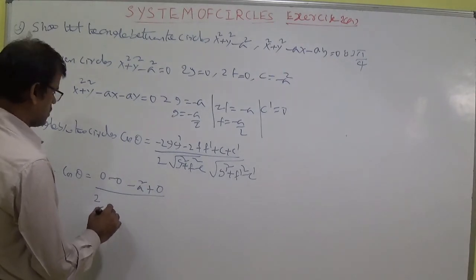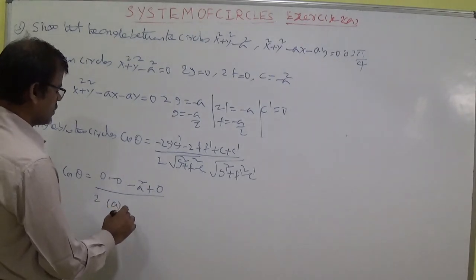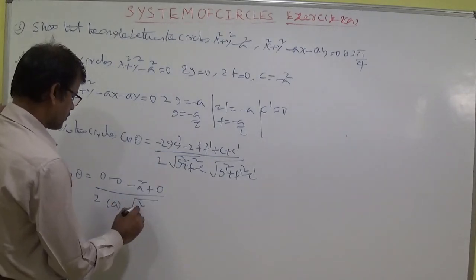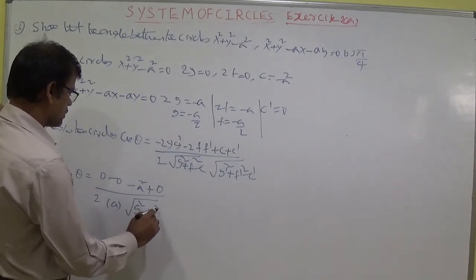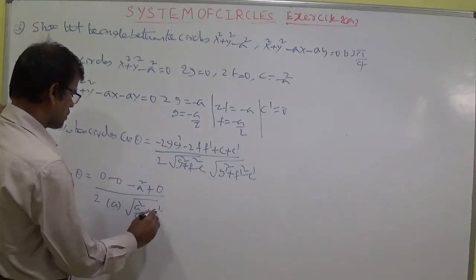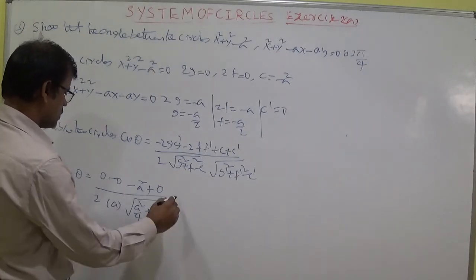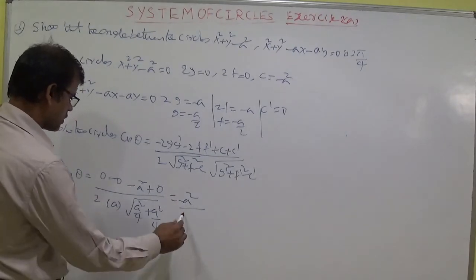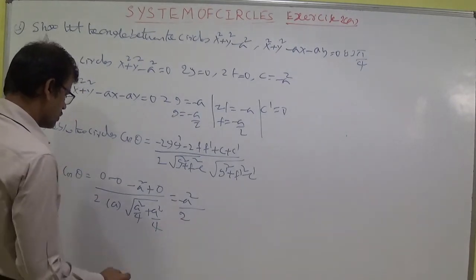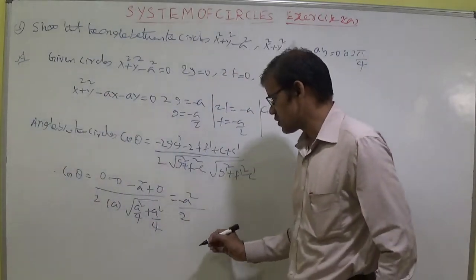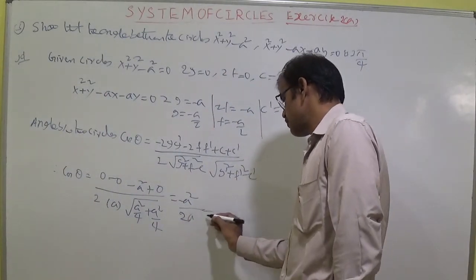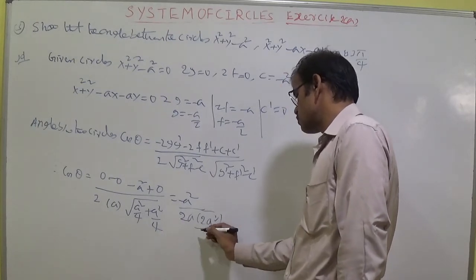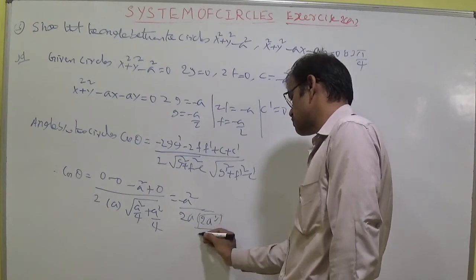So r1, of course, is simply a, into r2, root of a square by 4 plus a square by 4. That is equal to minus a square by, here you can write 2 into a square plus a square, 2a square over root 2.